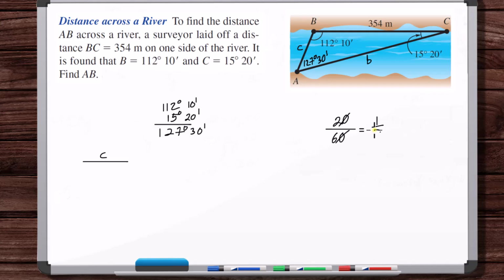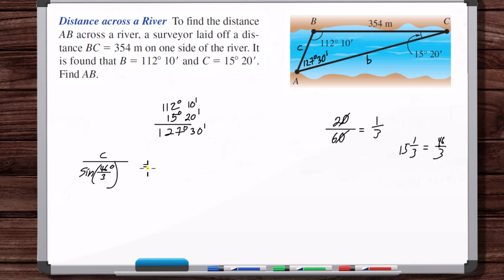That's a third of a degree. So we've got sine of 15 and a third degrees. That's 46 thirds degrees. Right, 15 and 1/3. 15 times 3 is 45 plus 1.